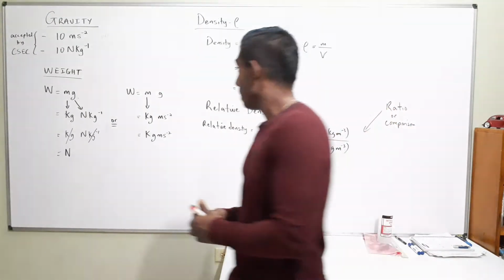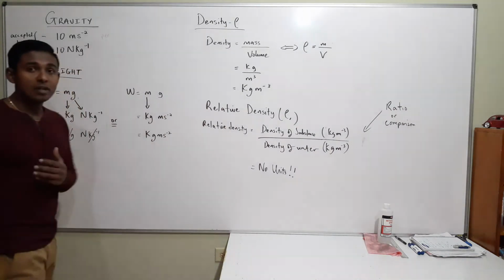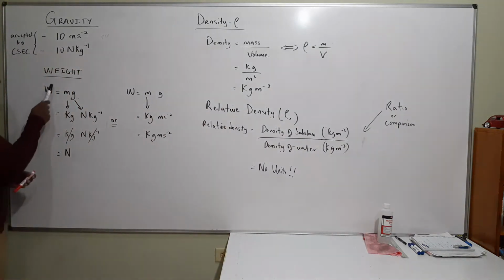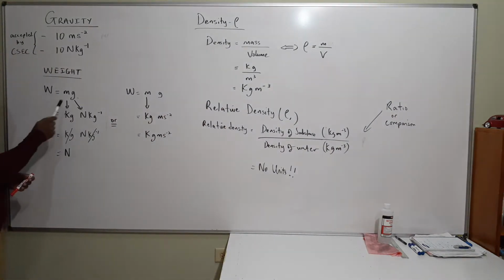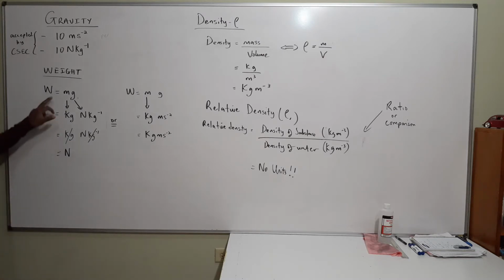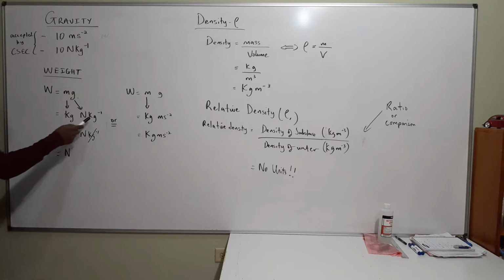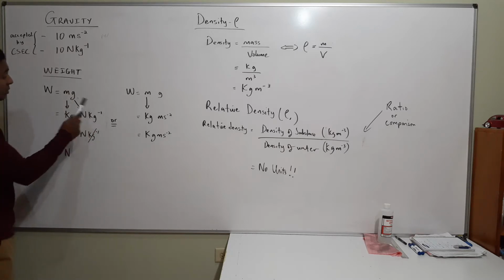First of all, the formula for gravity is W, weight, is equal to the mass multiplied by gravity, right? Mass, of course, the standard SI unit of mass is the kilogram, and in this case the unit for gravity is the Newton per kilogram.